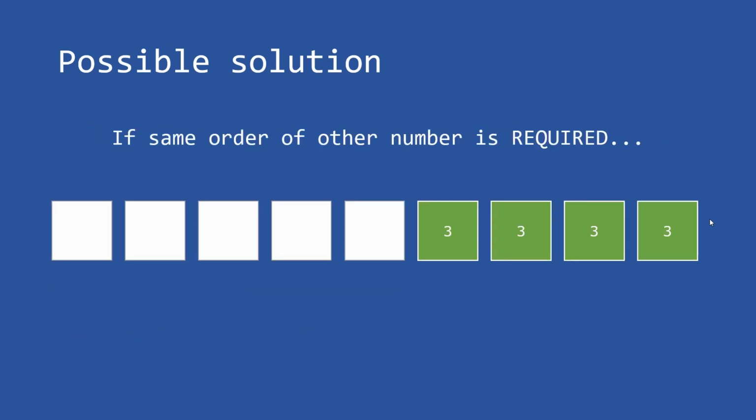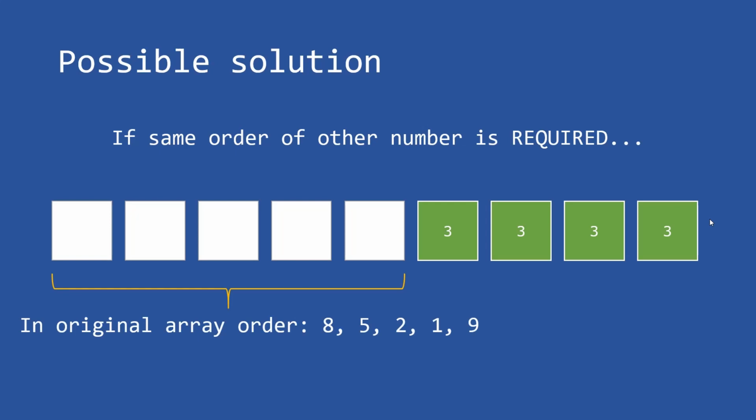Basically all the threes again would be at the end of the array, and for all the numbers that are not 3, you have to maintain exactly the same relative order as they were present in your original array. So here 8, 5, 2, 1, 9, which is the relative order present in the original array, exactly the same order you have to provide in your solution.